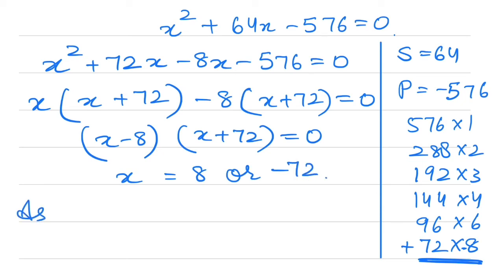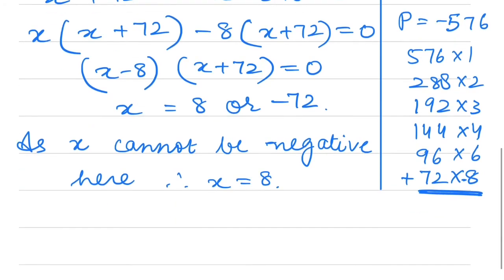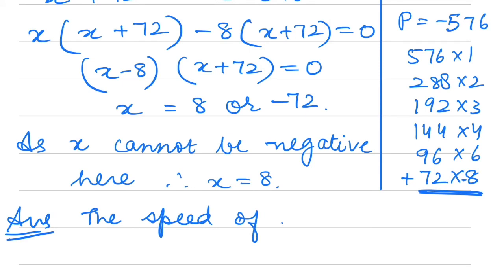As x cannot be negative here, therefore x is equal to 8. So the answer: the speed of the stream is 8 km per hour.